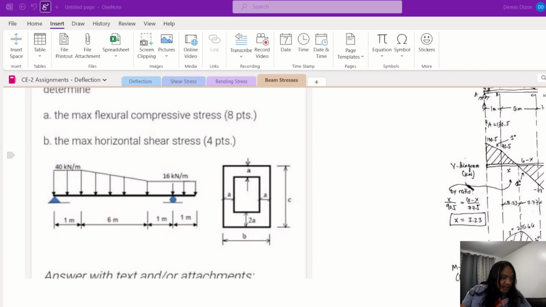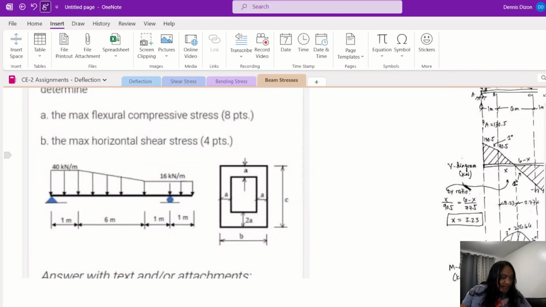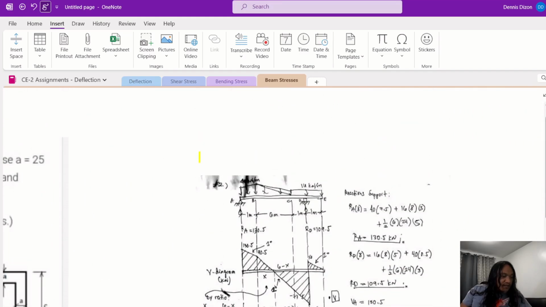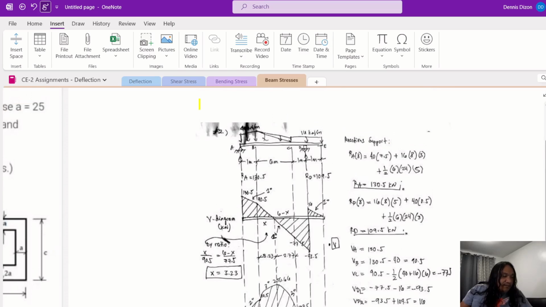he started solving the problem and determined the reaction, and then drew the shear and moment diagram.